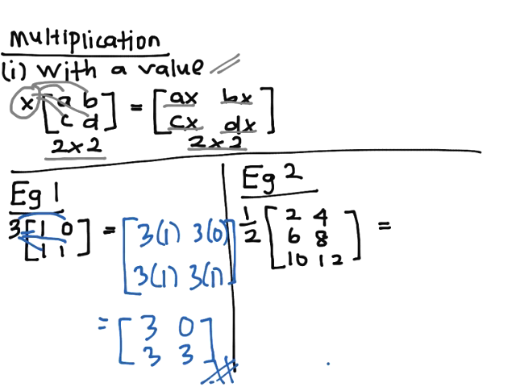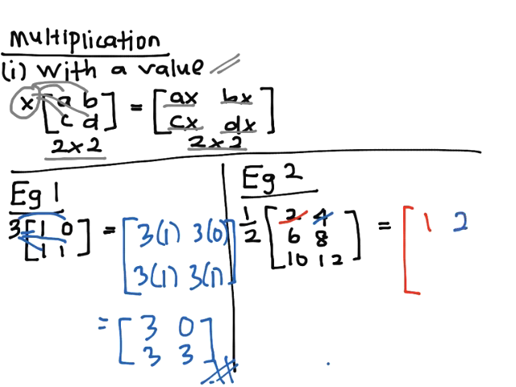Now let us go with the second example. The same thing, we have 1 over 2 multiplied with the matrix. When we have a value multiplied with a matrix, we need to multiply the value with all the values inside of the matrix. So for this final answer, 1 over 2 multiplied with 2 gives 1. The second position, 1 over 2 multiplied with 4, gives 2.